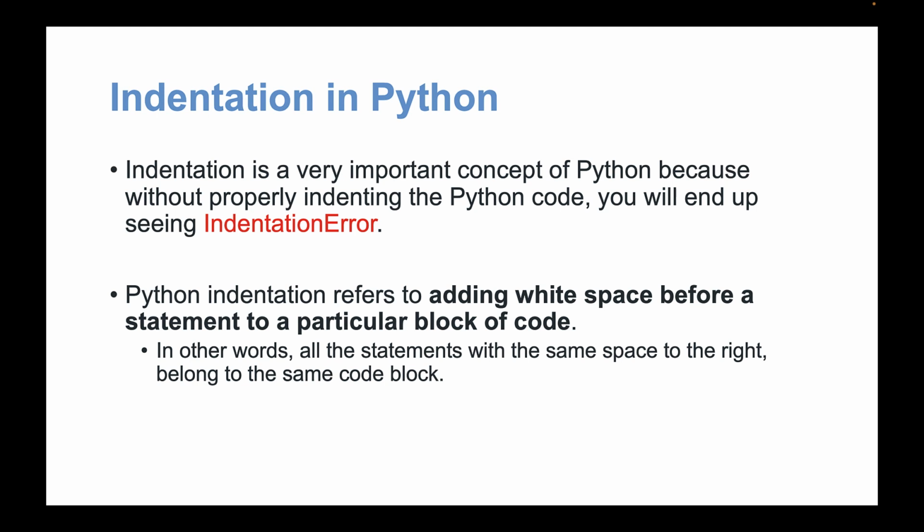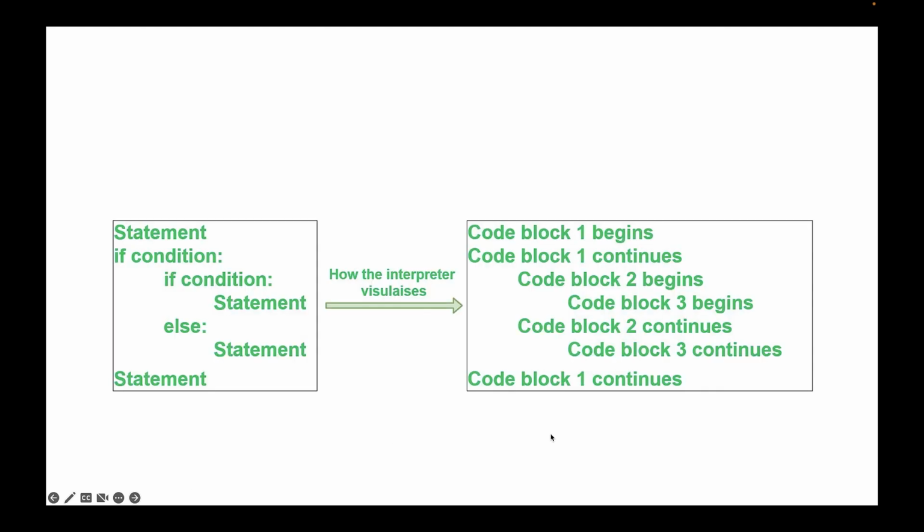Let's say we have a statement, we have an if condition, we have another if condition. This is called a nested if. We'll go through this in the future. And then we have an else statement, and we have another statement. So with this indentation, this is the way the interpreter will understand this. We have the first block of code. The if statement goes through, again the first block of code.